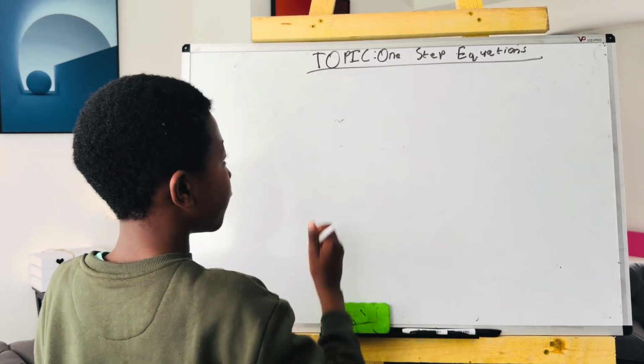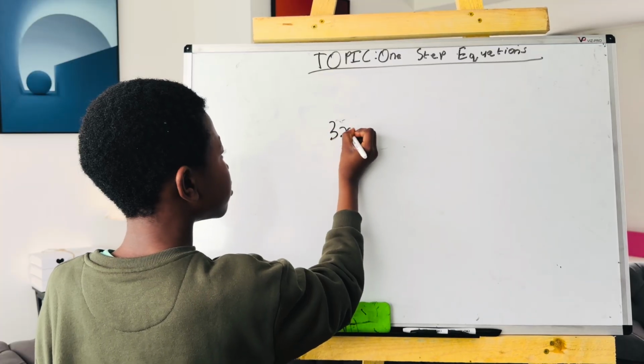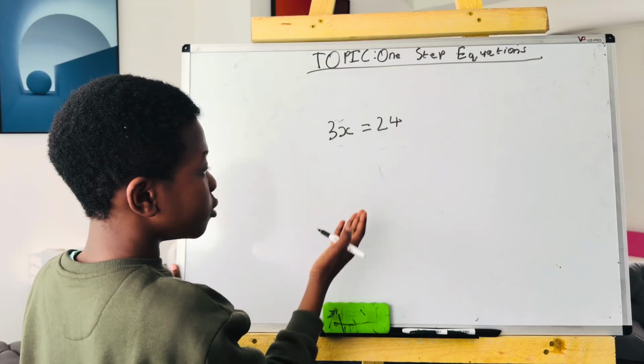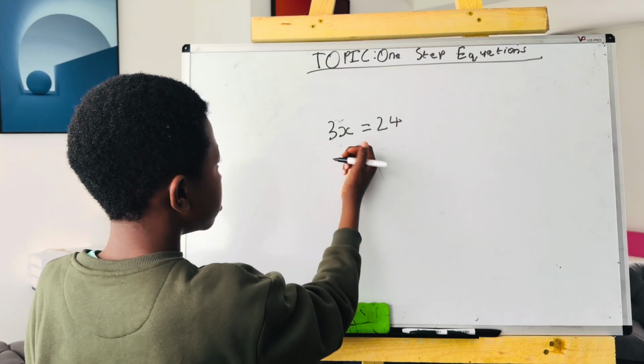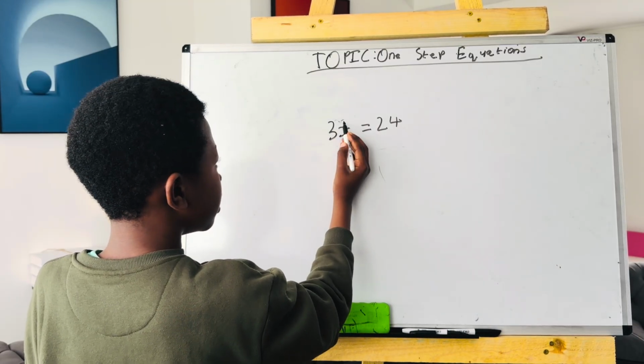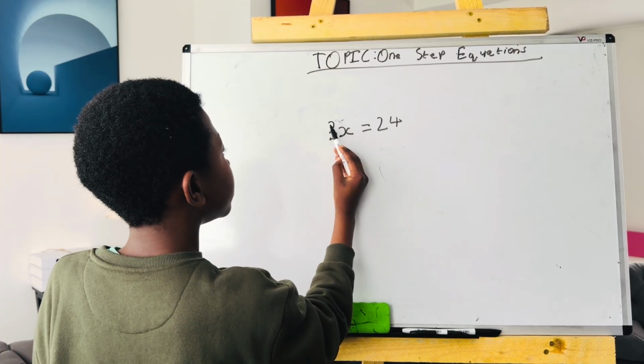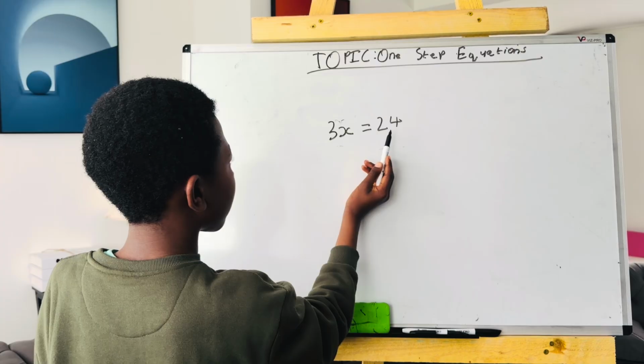Now if you have an equation like 3x equals 24. This is a one-step equation. The 3x is 3 times x. So the 3 needs to go to the other side.